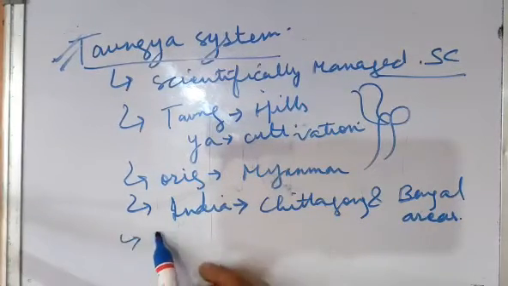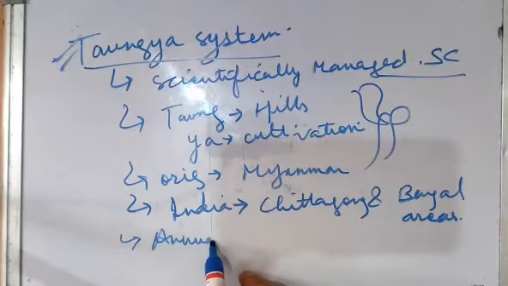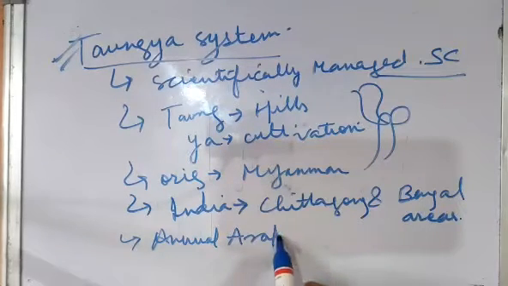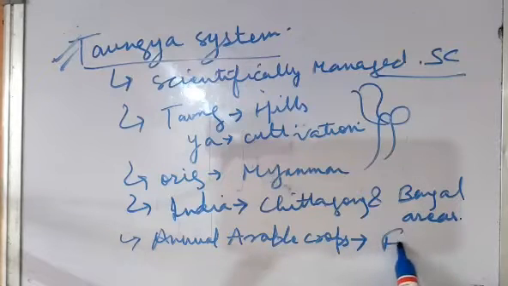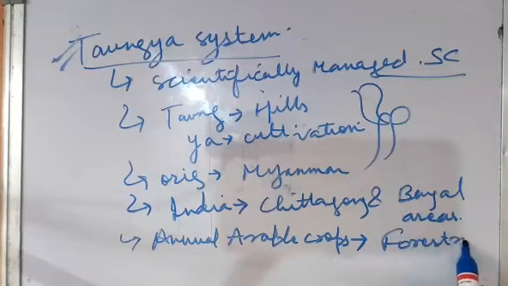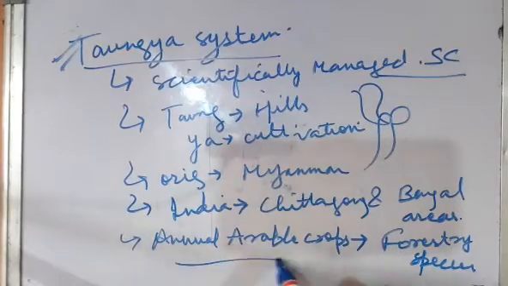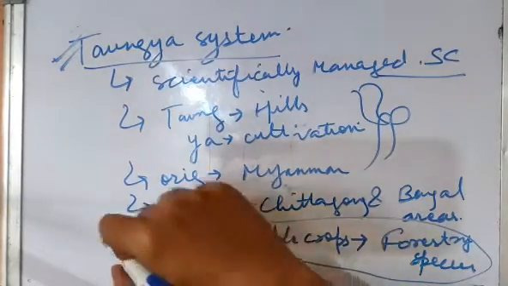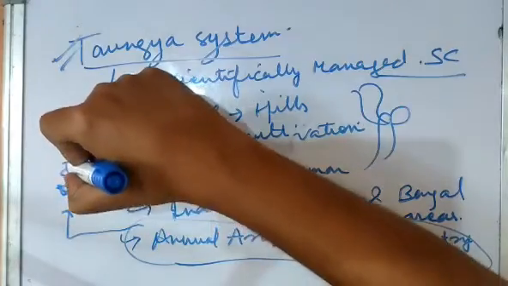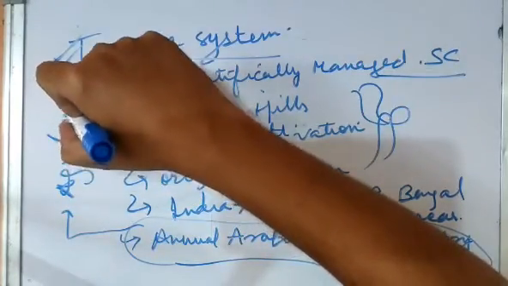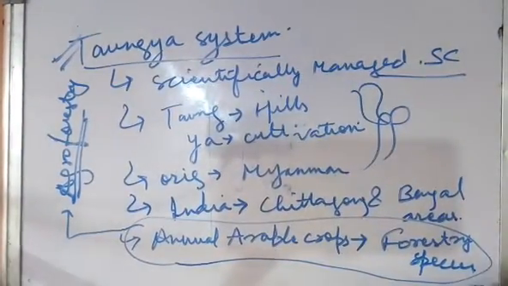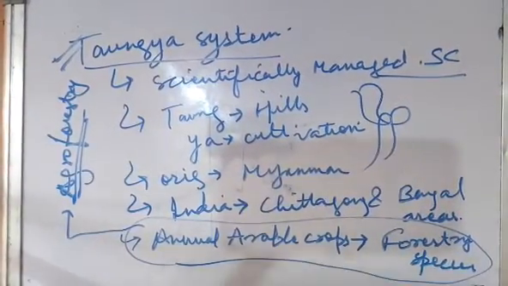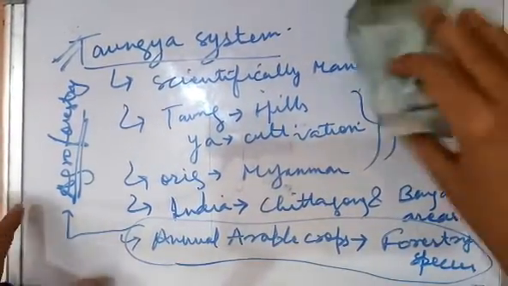Here we grow annual arable crops with forestry species. So what you see here in the Tongia system is that huge importance is given to agroforestry. This is what the Tongia system is. Hope you all understand it.